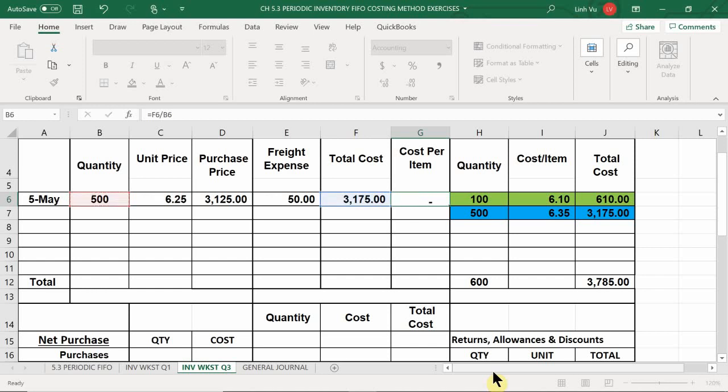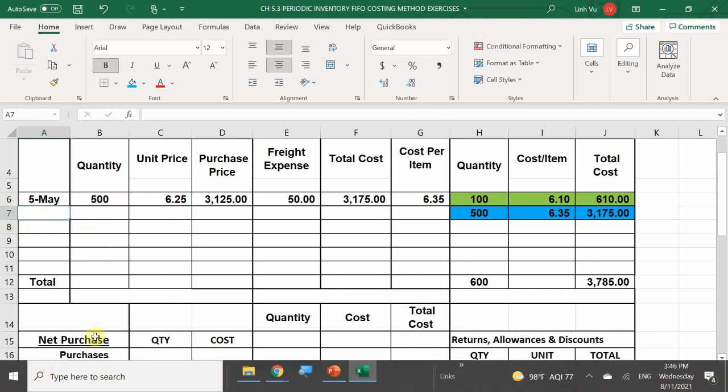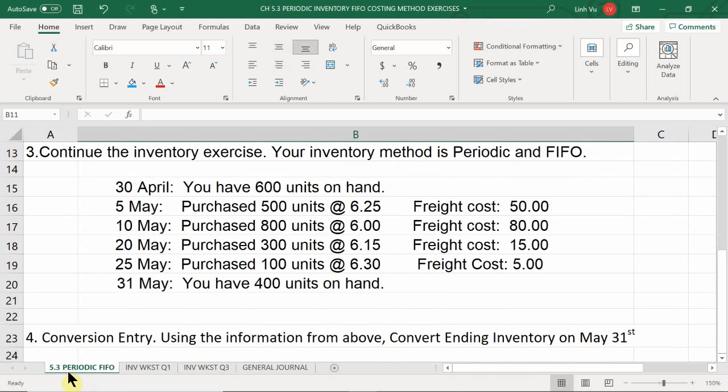So what's my total cost? $4,880. Good. Then what is going to be my cost per item? How many? 800. $6.10. Yes, good.